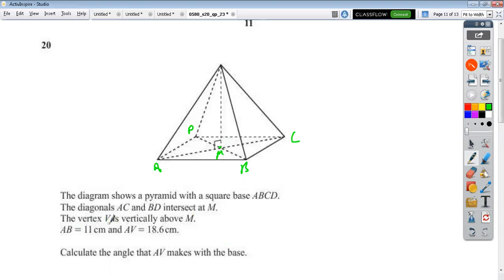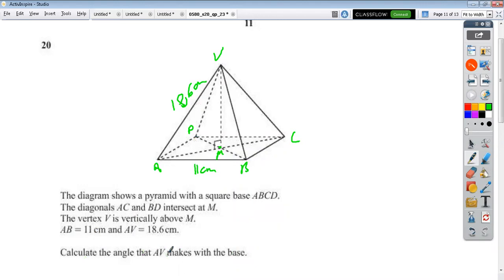The vertex V is vertically above M. So which means it's this one. AB is 11 centimeters. AV, or this diagonal, is 18.6 centimeters.